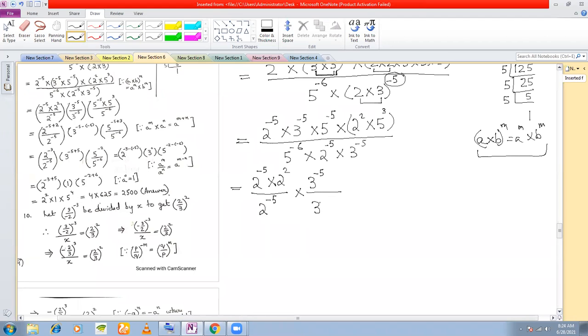In the denominator, you have 3 to the power of minus 5. I've collected all the 3's together, and you can take all the 5's together. So here you have 5 to the power of minus 5 into 5 cube divided by 5 to the power of minus 6. So what do you have?